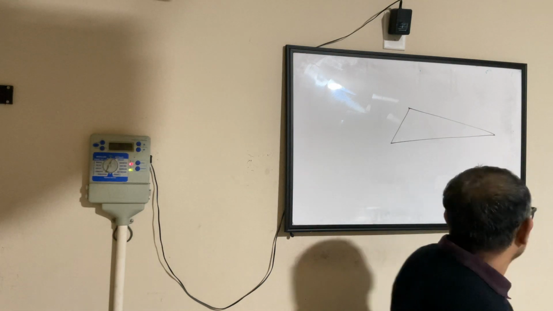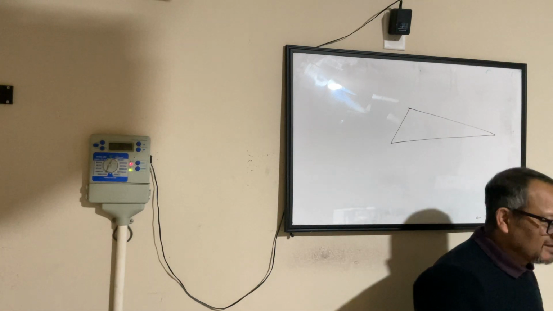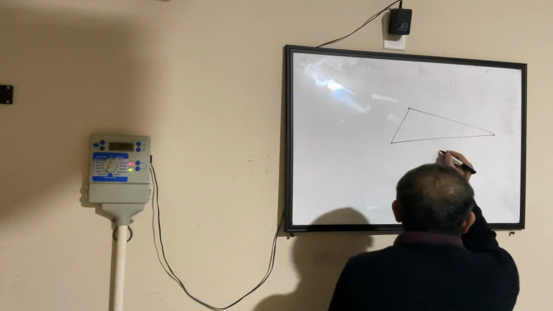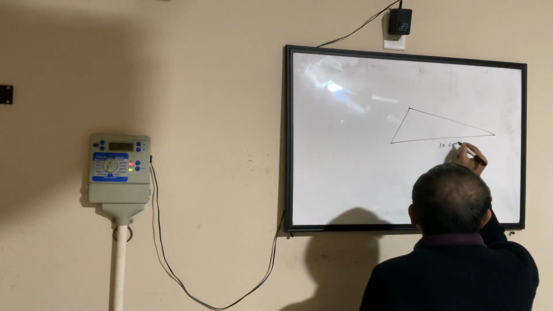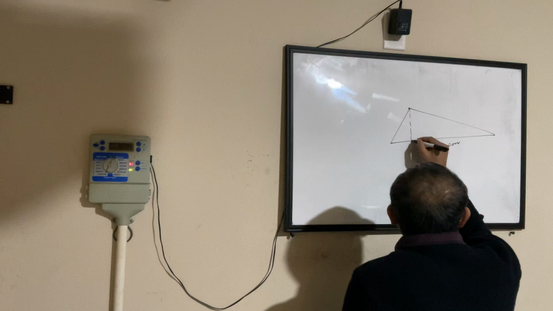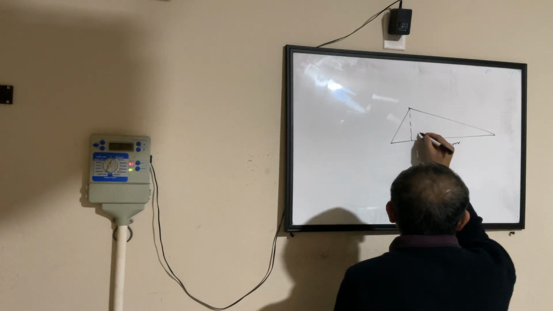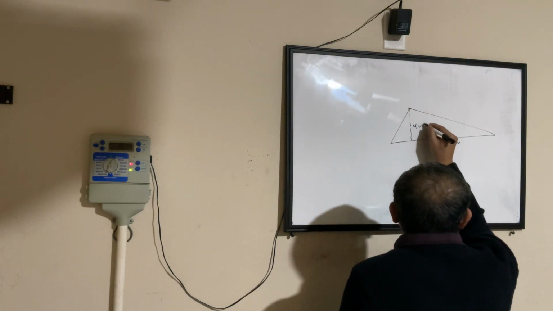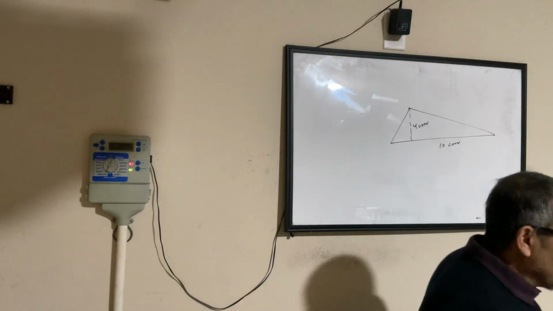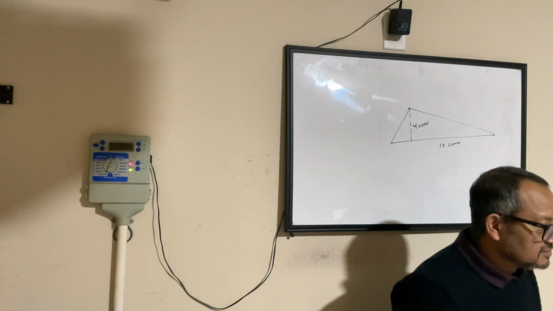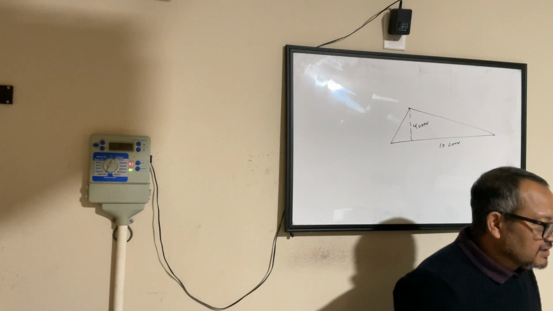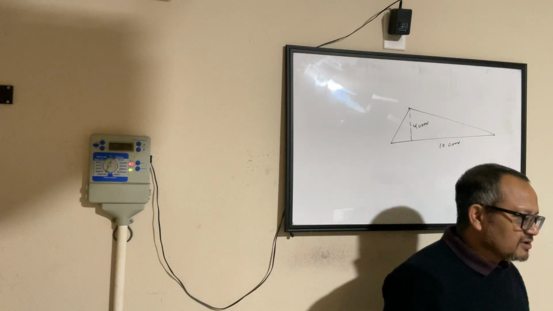Wait, no, scalene triangle. Yeah? Now I'll say this is 10 centimeter and this height from top to this base is, let's say, 4 centimeter. If I ask you to find out the area of this triangle, can somebody find it real quick in less than a minute?